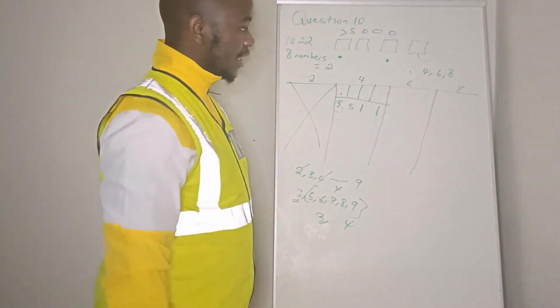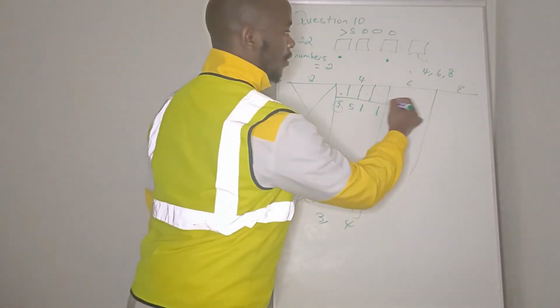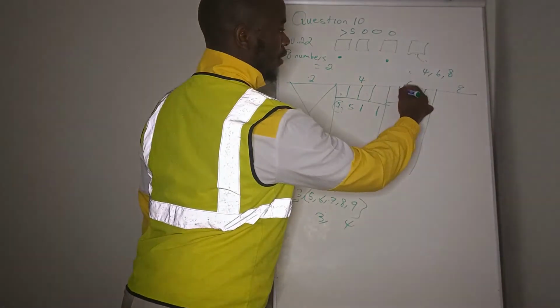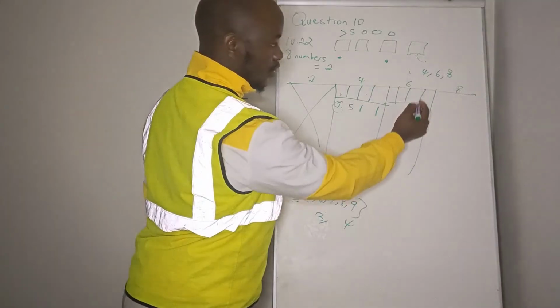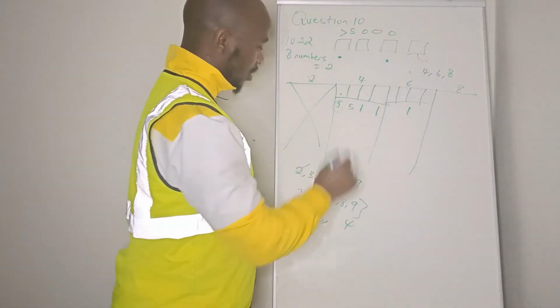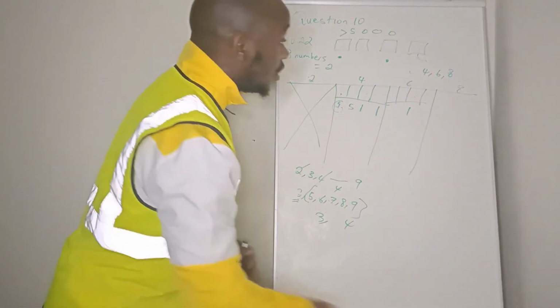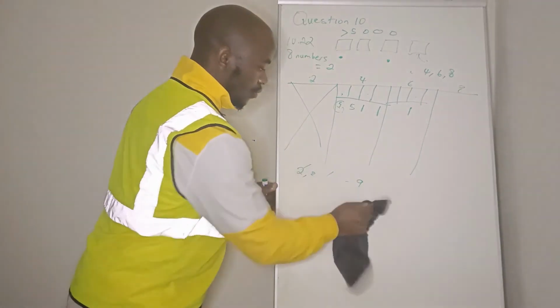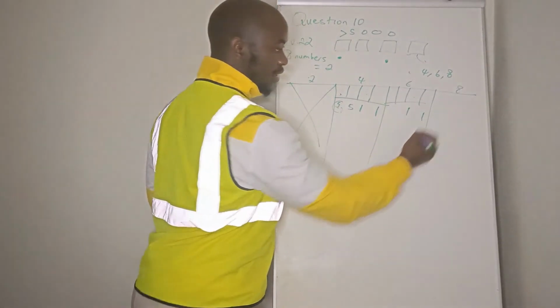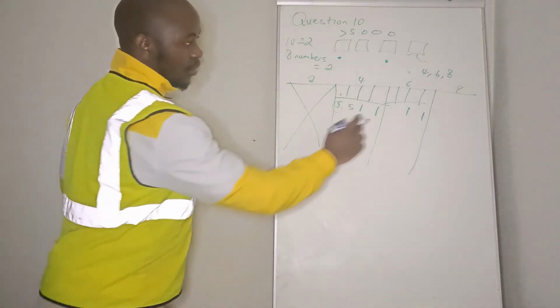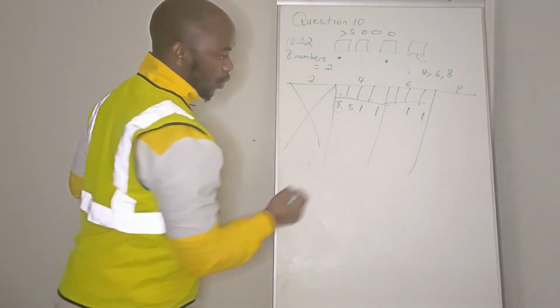What happens if we select 6? If we select 6, we start with that 2 here. So this cannot change. It should always be a 2. And now we start with the 6 in there. So how do we choose now the first block?